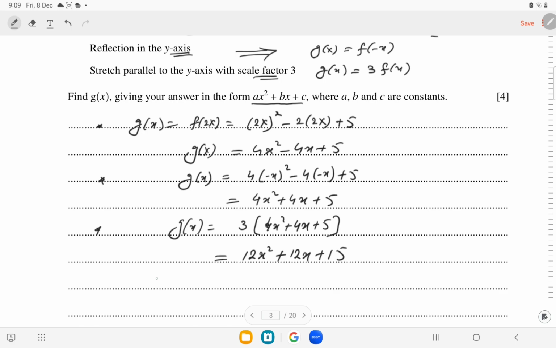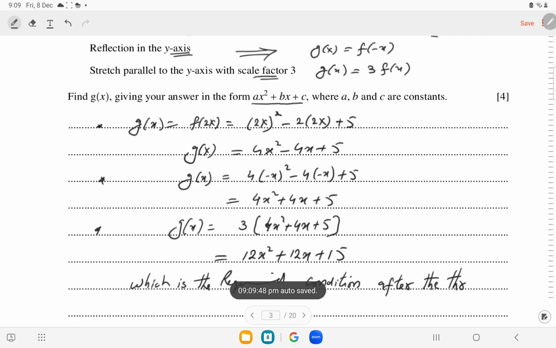What is going to be asked? We can write the required condition after the three transformations. What has been asked?